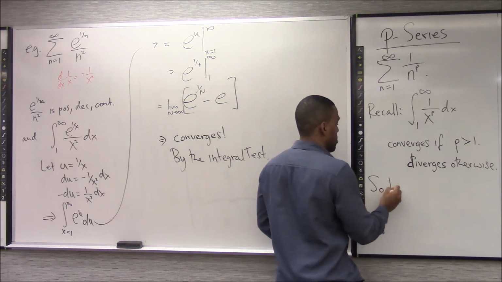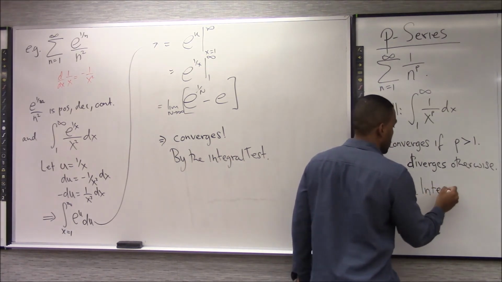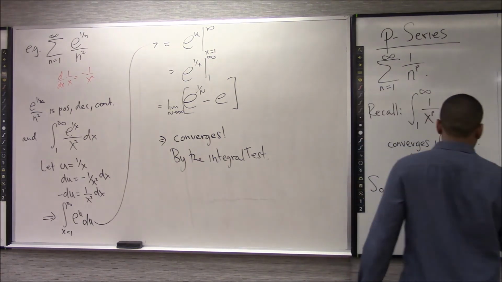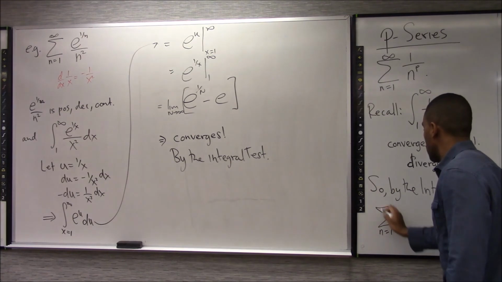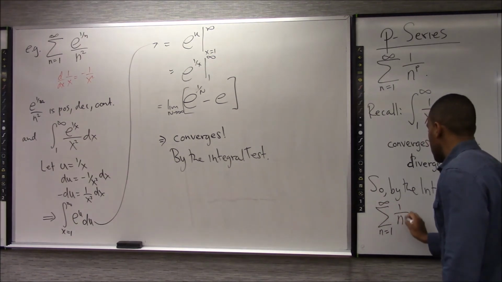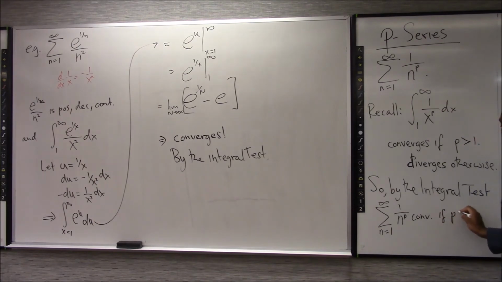So, by the integral test, I know that the series from 1 to infinity of 1 over n to the p converges if p is greater than 1 and diverges otherwise.